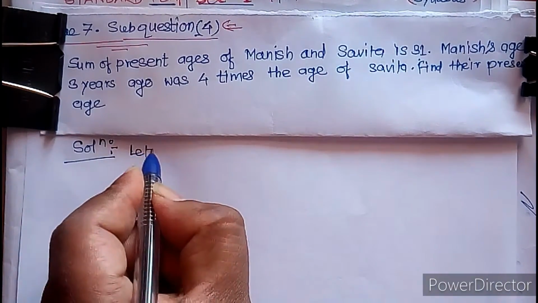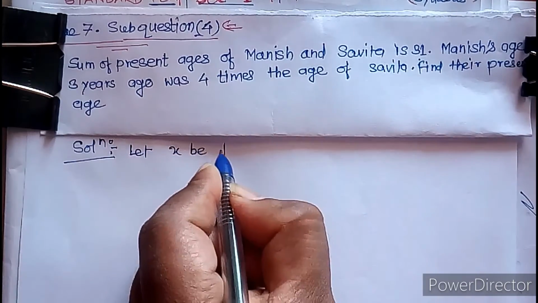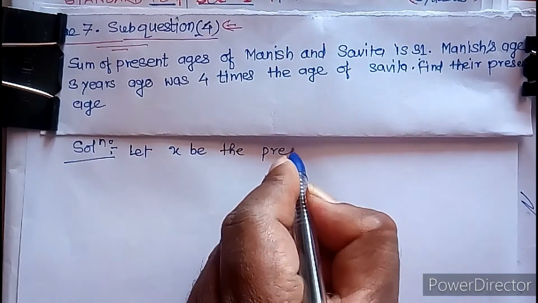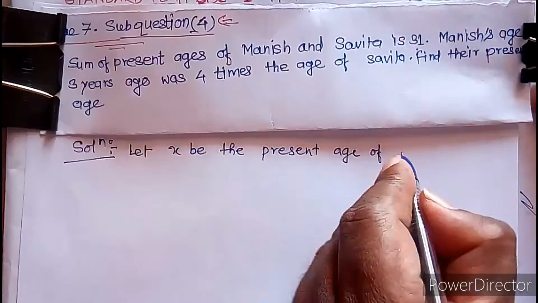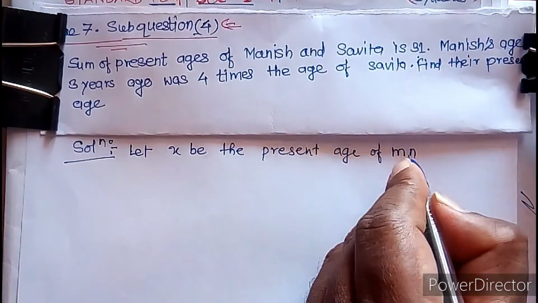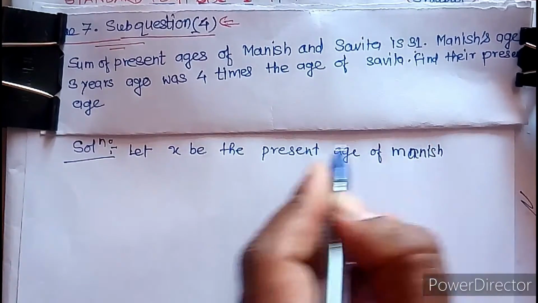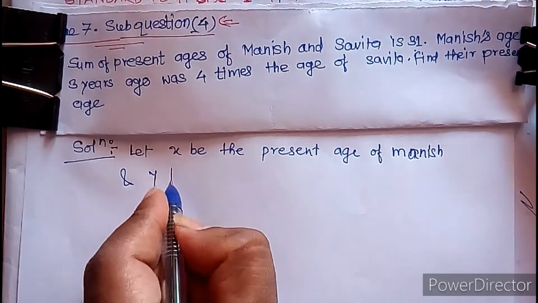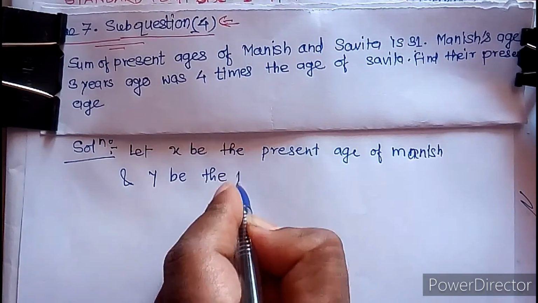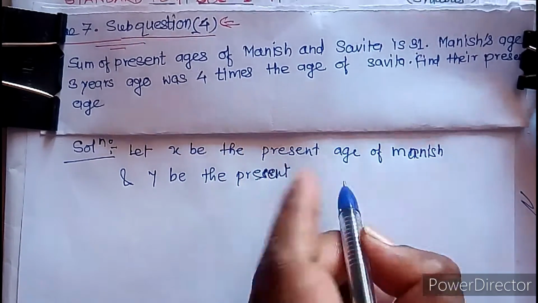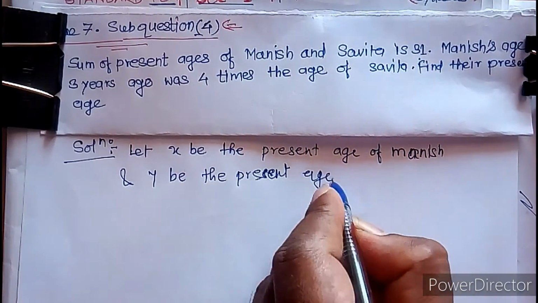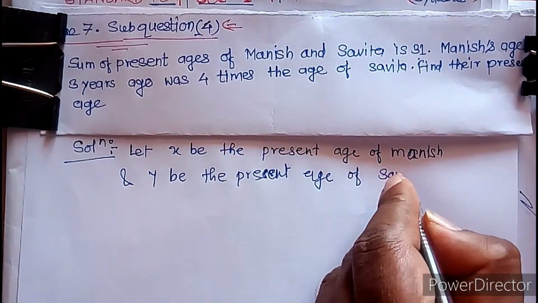Let x be the present age of Manish and y be the present age of Savita.